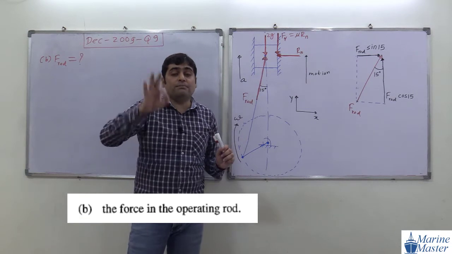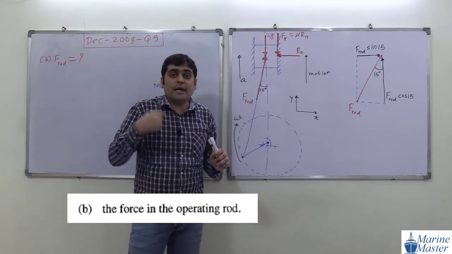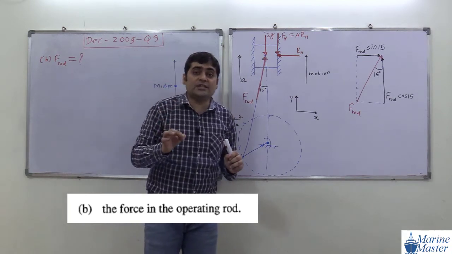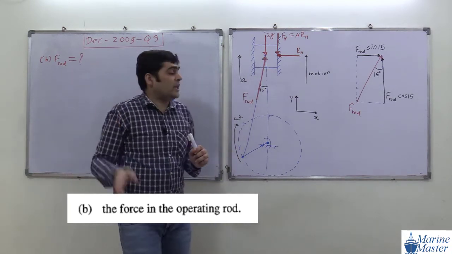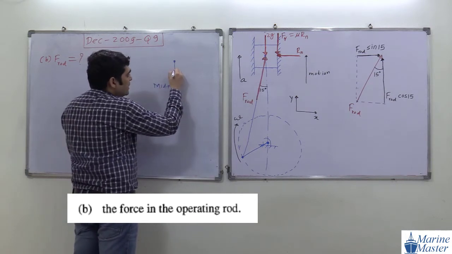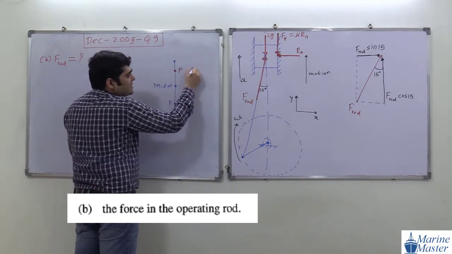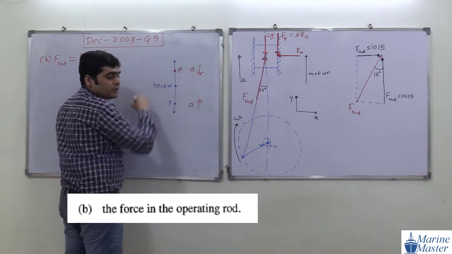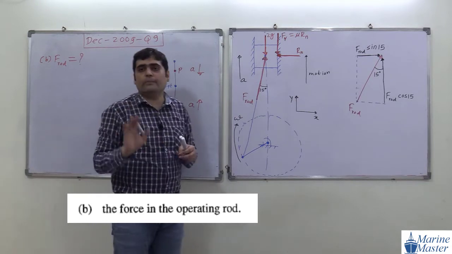But in case of simple harmonic motion, we take the direction of acceleration towards the fixed point. If this point P were here instead, the direction of acceleration would be downward. For this scenario, acceleration is upward.